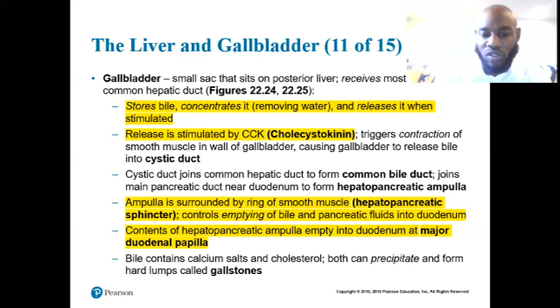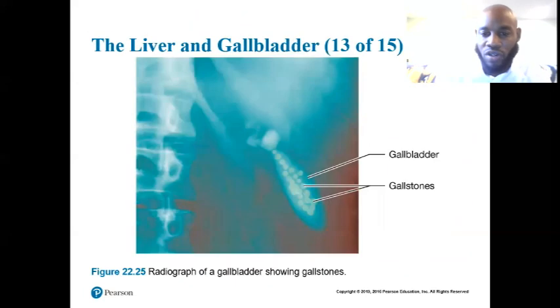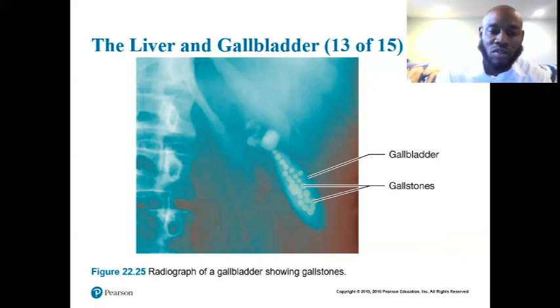That's from calcium salts and cholesterol collecting in your gallbladder, right? Calcifying in your gallbladder. And the idea is that you want it to pass. You hope that they pass into your intestines and eventually out through your rectum. That would be the goal, but that doesn't always happen according to plan.